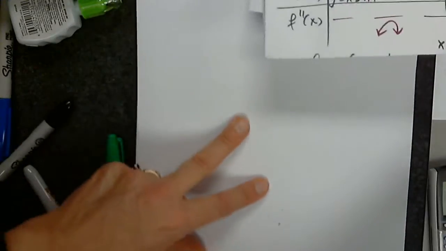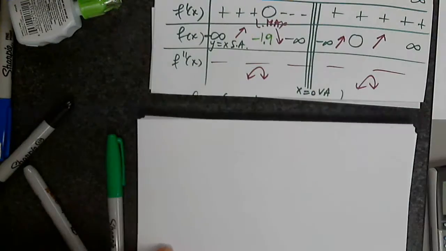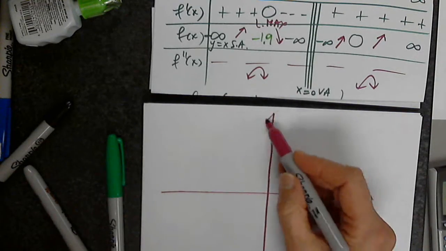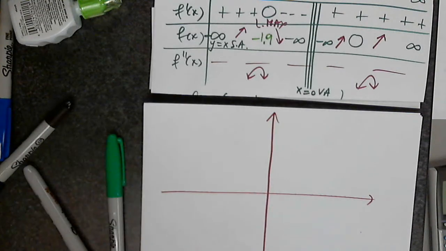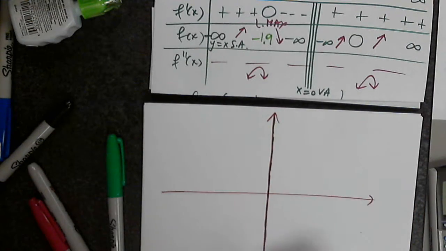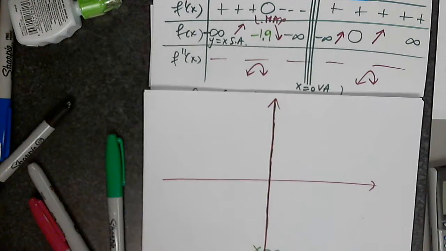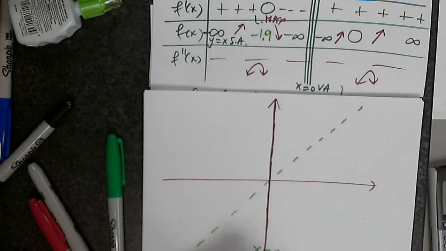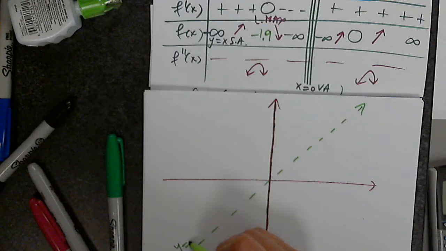Okay, so let's see what we come up with. Here it is. A vertical asymptote x equals 0. A slant asymptote y equals x.